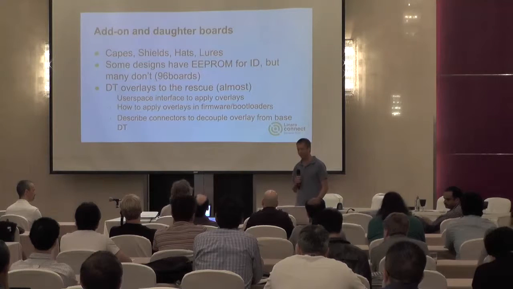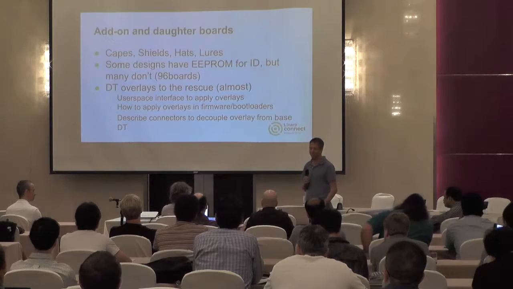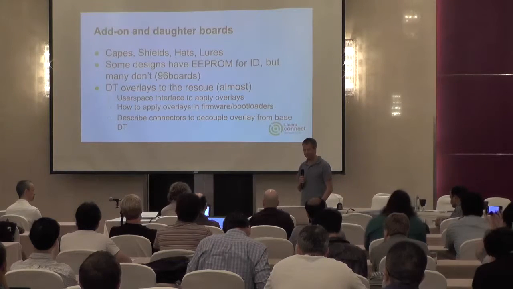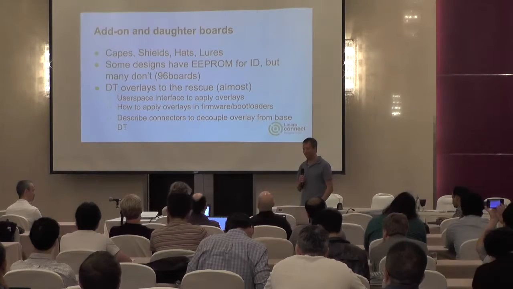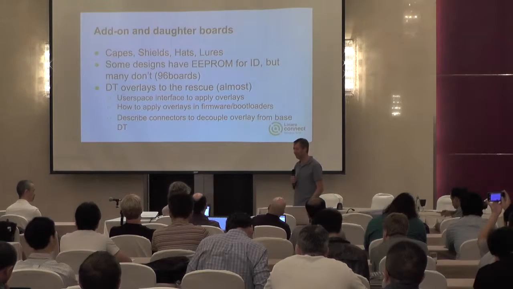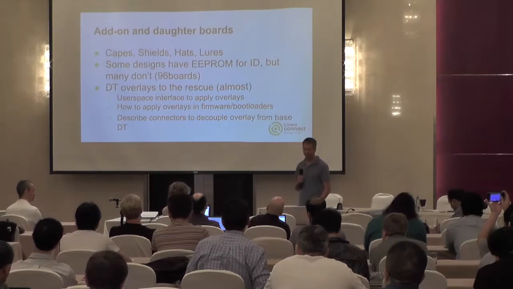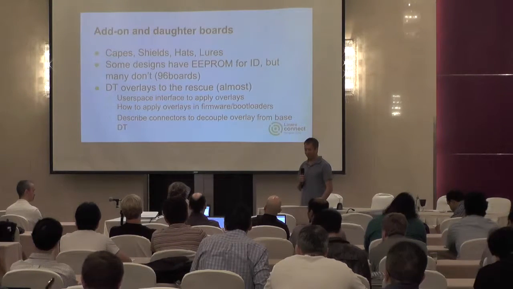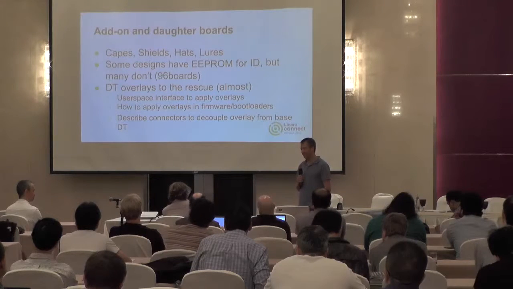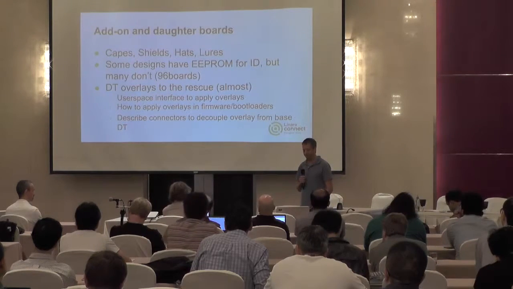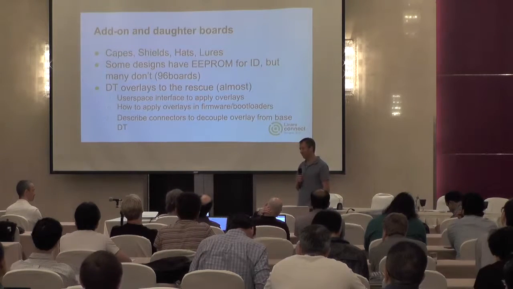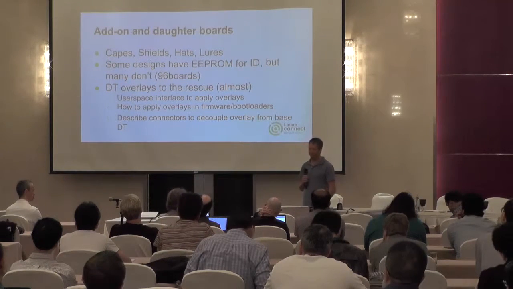We do have a solution called device tree overlays that is partially in the kernel. There's still several pieces missing there. Main couple of them are that the user space interface is not yet mainlined, and how to apply overlays before you boot the kernel.